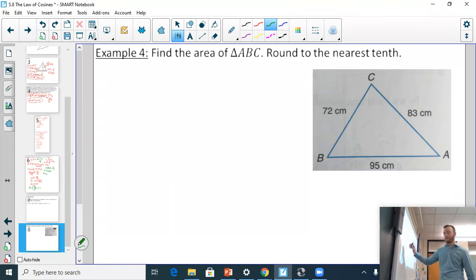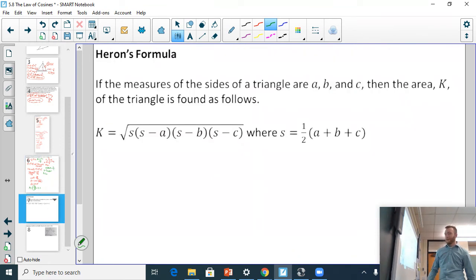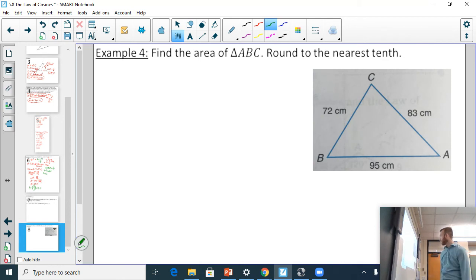But again, if all else fails and you get stuck, just think about it and use what you know. But I think you'll find this to be much easier. So find the area of triangle ABC, round to the nearest tenth.